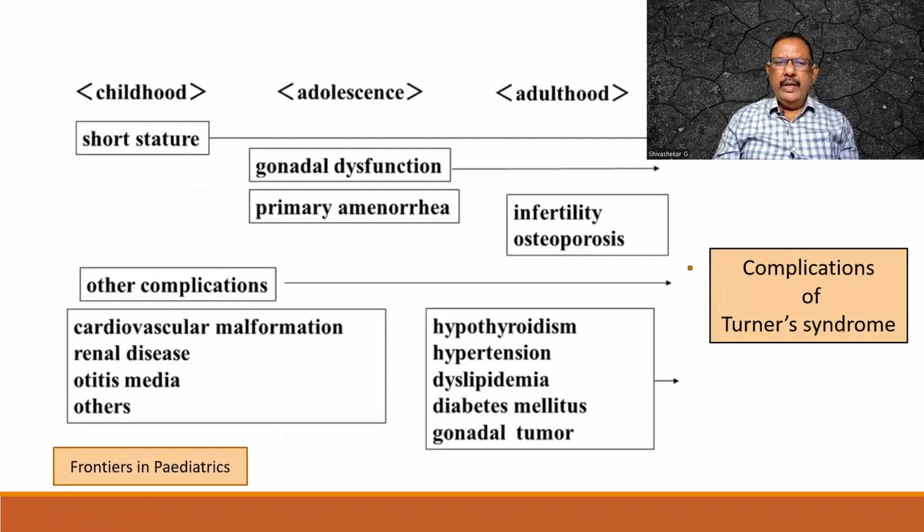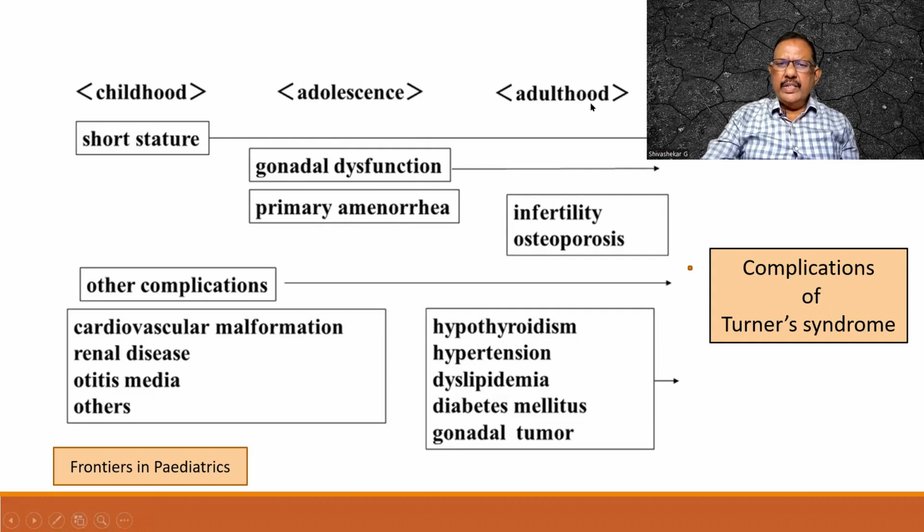Now, what are the abnormalities that can be identified in childhood, in adolescence, and in adulthood? In childhood, you find that there can be a short stature, cardiovascular malformation, renal diseases, otitis media, and others. But as the child grows into adolescence, you find gonadal dysfunction, amenorrhea, coming into the picture.